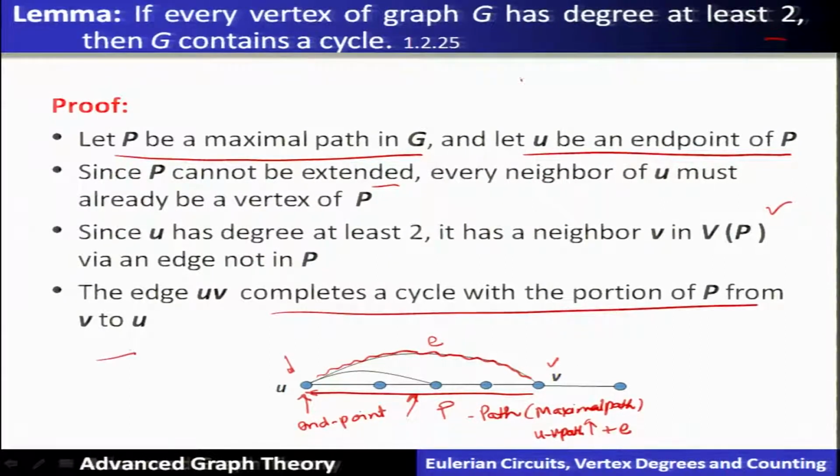So, this proves that if the graph G has degree at least 2, then G will contain a cycle.